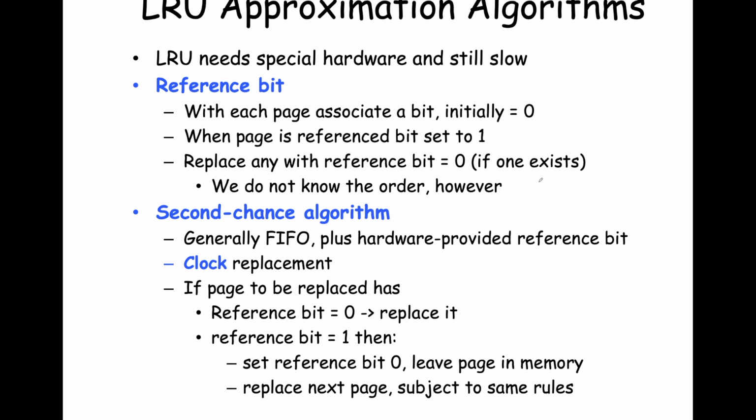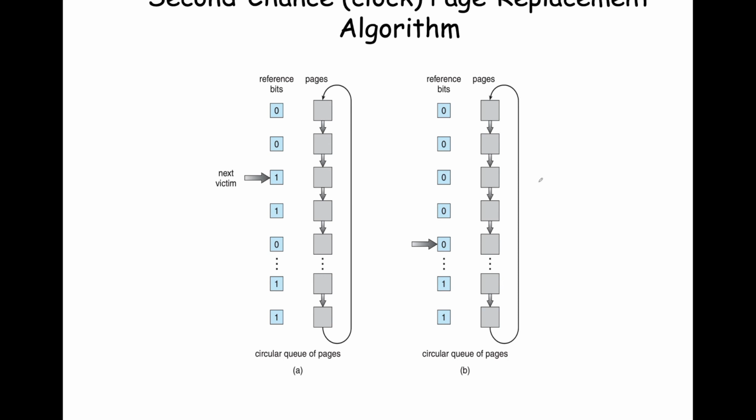The reason for this is that if it was very recently changed, then it might have been accessed for the first time, and it might be subsequently accessed again in the near future. And so the second chance or clock page replacement algorithm looks like the following, and this is in the book. You have a circular queue of pages, and associated with each page, you have a reference bit.